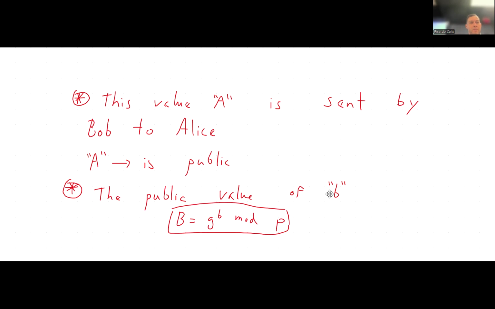So B is sent to the owner of A and is public. So next step.